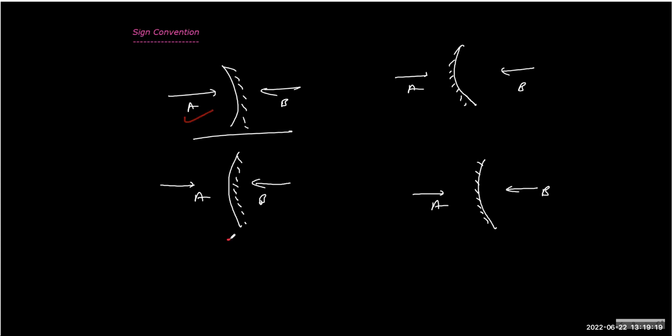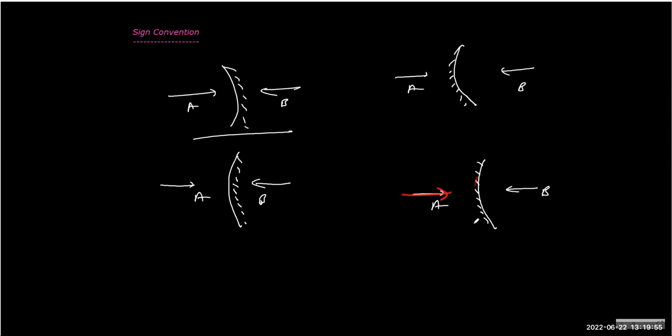For this second case, from which direction can the light ray come? A, of course. In the rest of the two cases, third case B and fourth case A. This is the polished surface.